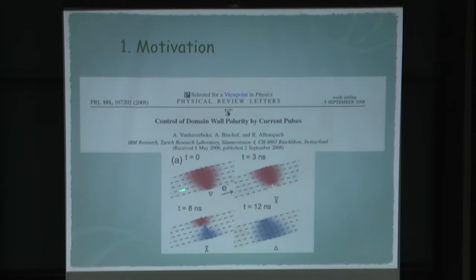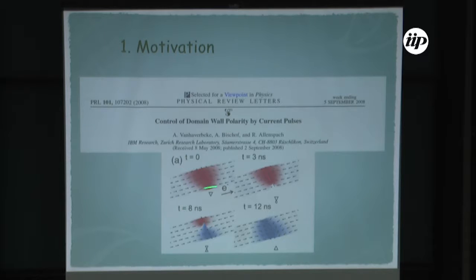You have the magnetization here in this direction, the magnetization there in the other direction. They go in this way here. This is a kink. But this kink may be dynamical. I'm not going to talk about dynamics, but if you put a current here, you can flip the polarity.